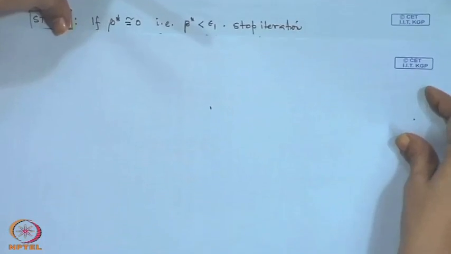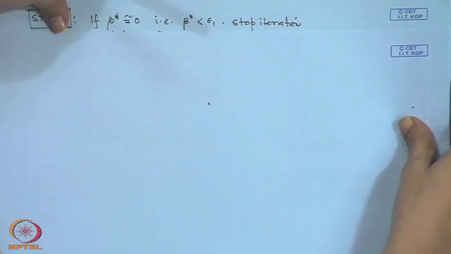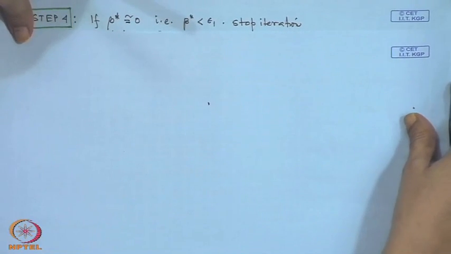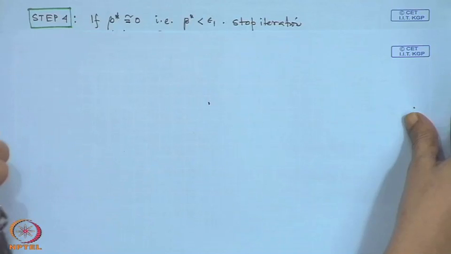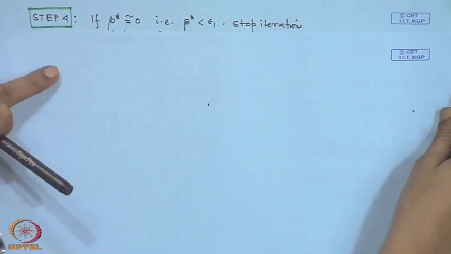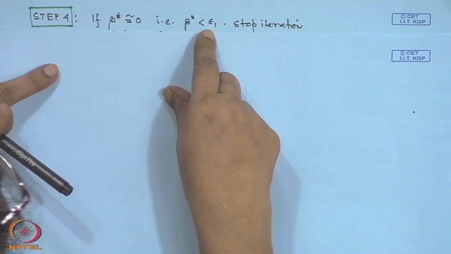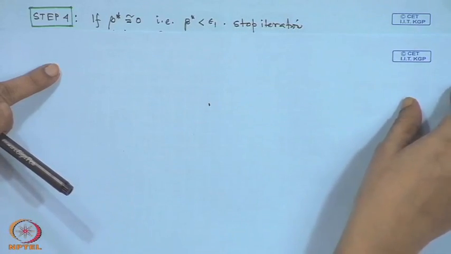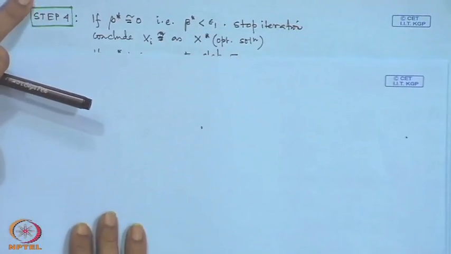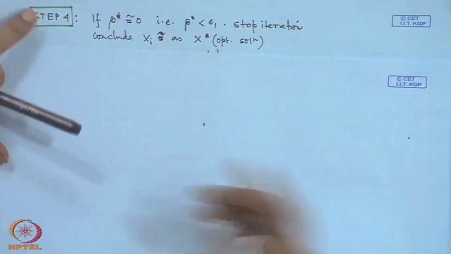if this is almost equal to 0, then we can stop our iteration. That means there is no further possibility for improvement. But if it is not equal to 0, rather if beta star is less than epsilon, where epsilon is a very small positive value, then we will stop the iteration and declare the corresponding xi as the optimal solution.